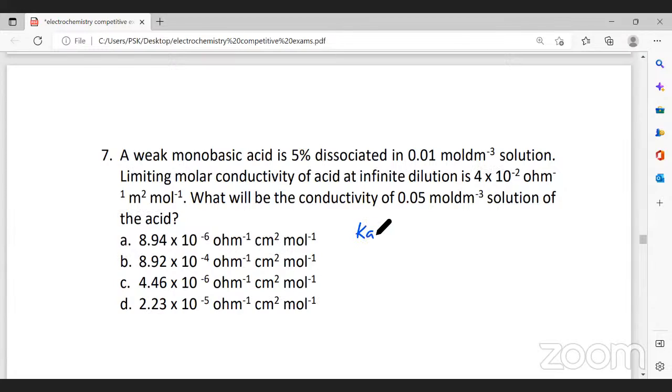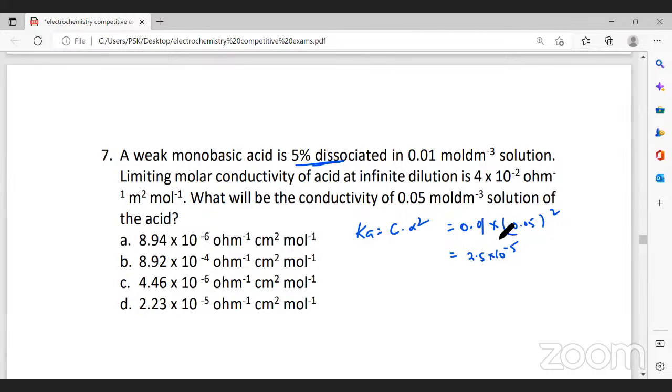So we can write Ka is equal to C into alpha square divided by 1 minus alpha. Alpha is very, very small, therefore we can neglect it and write Ka is equal to C into alpha square. That is equal to the concentration they've given us, 0.1, and they've given us 5% dissociated, which means 0.05 the whole square. On simplification, you will get Ka as 2.5 into 10 to the power minus 5.